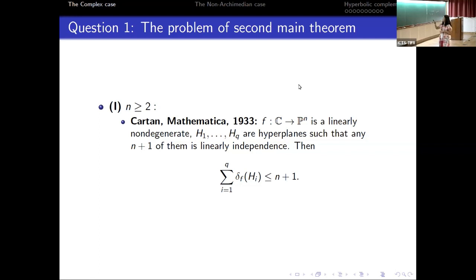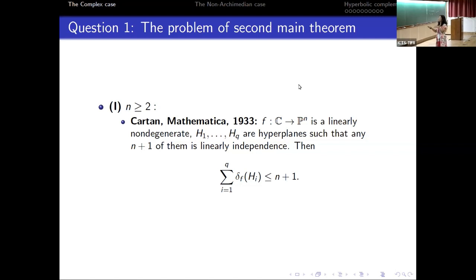Cartan says that, because here we consider high dimension, we cannot consider points. So we replace them with hyperplanes, and the hyperplanes have to satisfy linear independence. Then we see that q is always bounded by n plus 1.